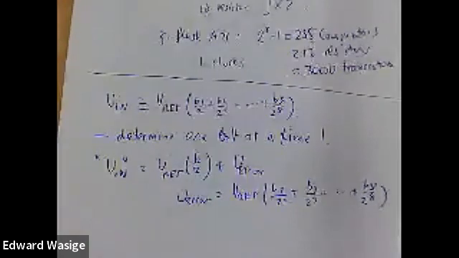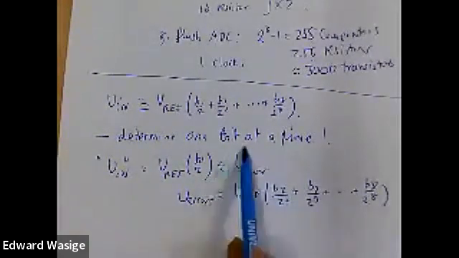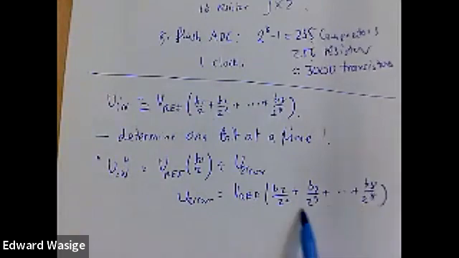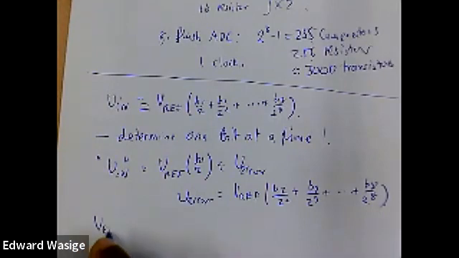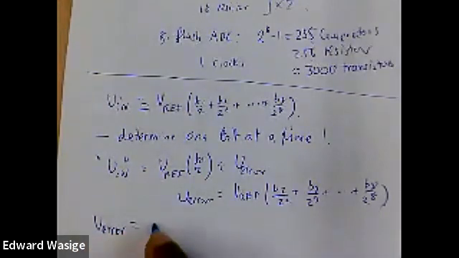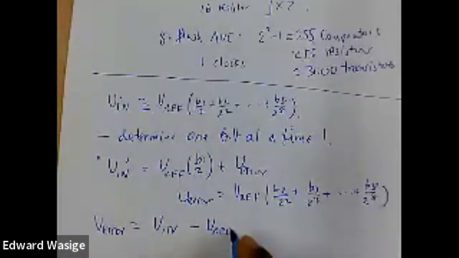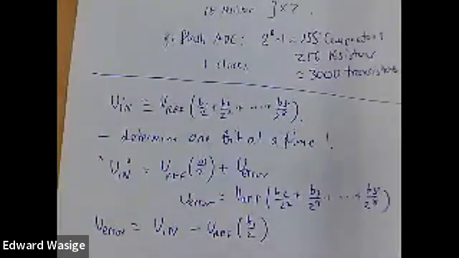So we have our sampled input voltage. We want to represent it with 8 bits. First of all, we represent Vin just with the 1 bit. If we do that, it means that the remainder, the error voltage, will represent the remaining bits. So this error voltage, V error, will be equal to our input voltage, Vin, minus Vref B1/2.